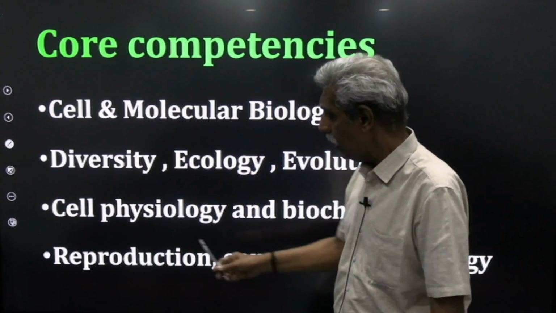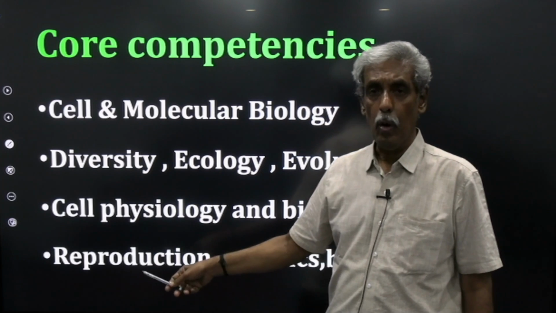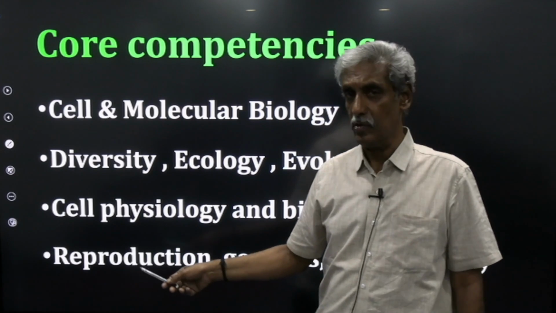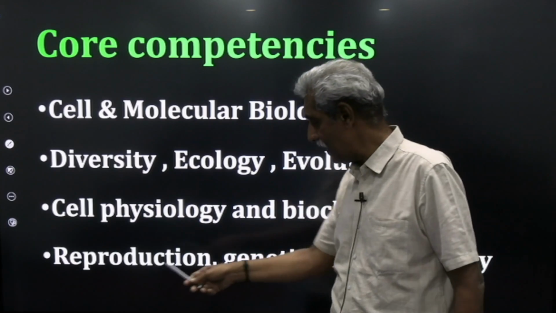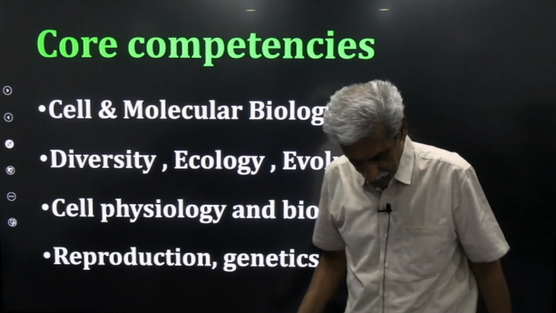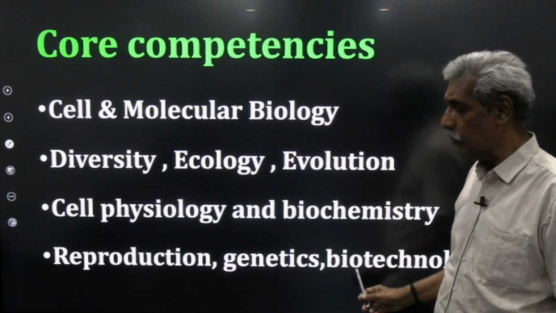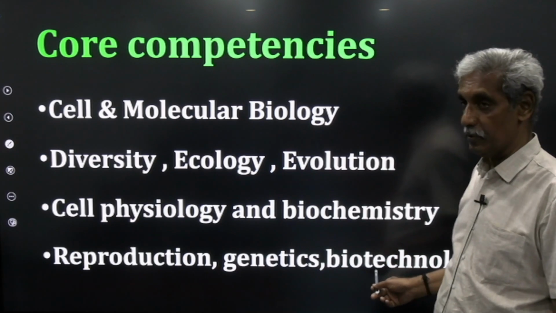Parallel to this, you should also have an integrated knowledge of reproduction, like you should know what are the different parts of the flower, what are the chromosome numbers of these particular plants, how are they inherited, what happens during mitosis and meiosis. That is, we are dealing with genetics, and again with a very important core area which is primarily termed as biotechnology.